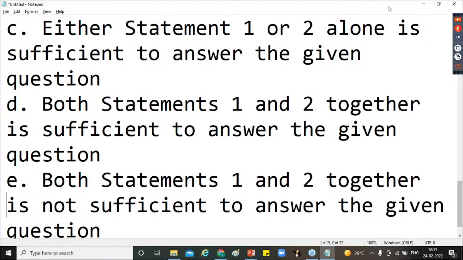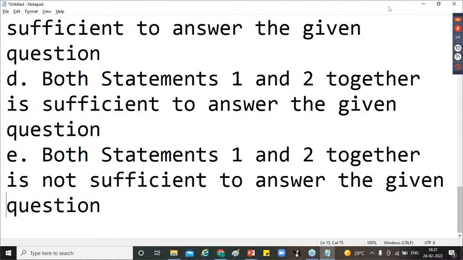Option E, both the statements one and two together is not sufficient to answer the given question. Okay, so these are the possible options.